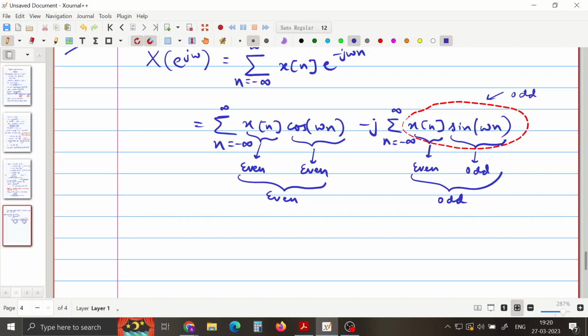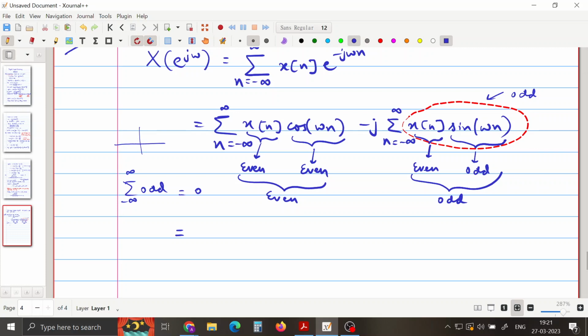Now whenever an odd function is summed from minus infinity to infinity, it becomes 0. Yes or no? The summation of an odd function from minus infinity to infinity is 0, because of the odd symmetry.